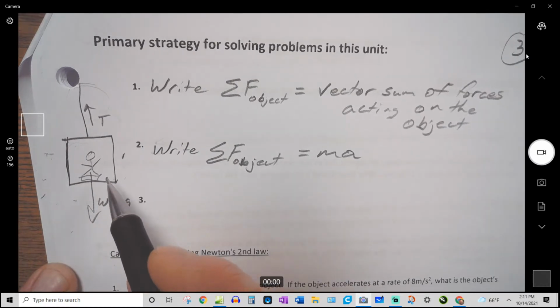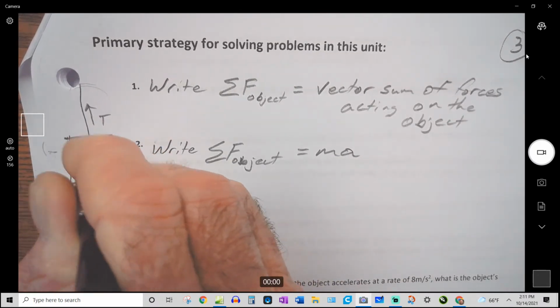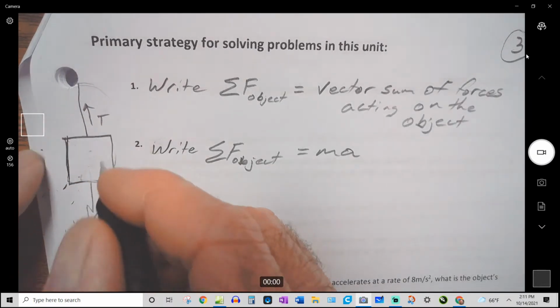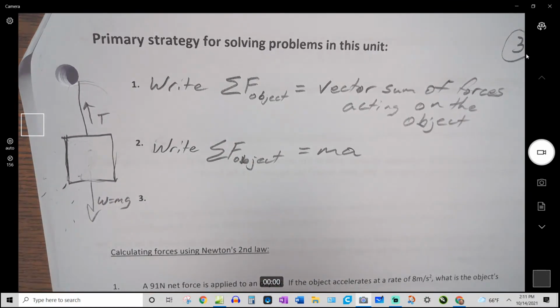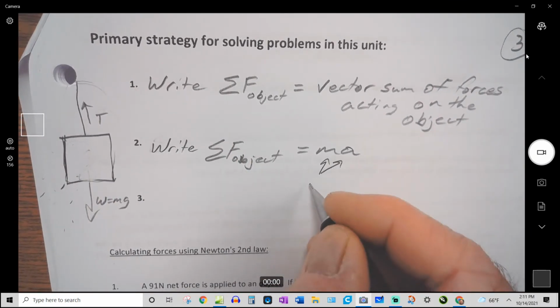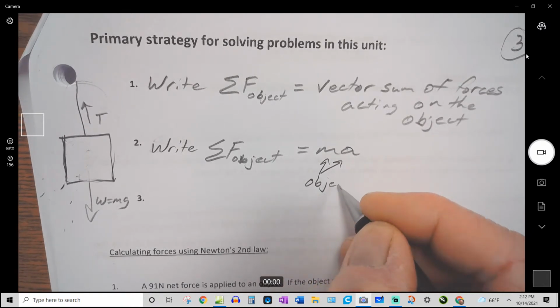The important thing there is the force is acting on the person, not the scale, not the elevator, not the string. You've just got to really focus on what object you're talking about. In this case, I'm talking about this box. Its weight pulling it down and then the string pulling it up. These are the mass of the object and the acceleration of the object.